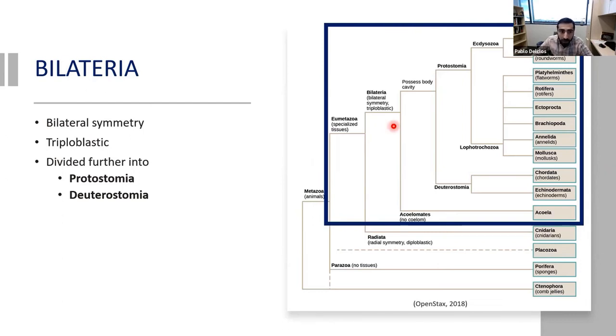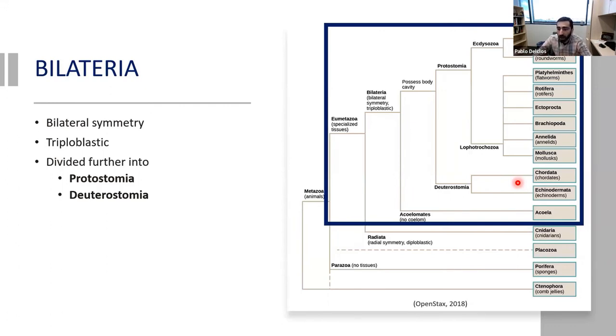So from this Bilateria clade, we can break it down into protostomes and deuterostomes, the protostomia and the deuterostomia. And the main thing that differentiates these two groups is, again, that blastopore that forms during the process of gastrulation. So I'm repeating these vocab terms so that some of them kind of stick.